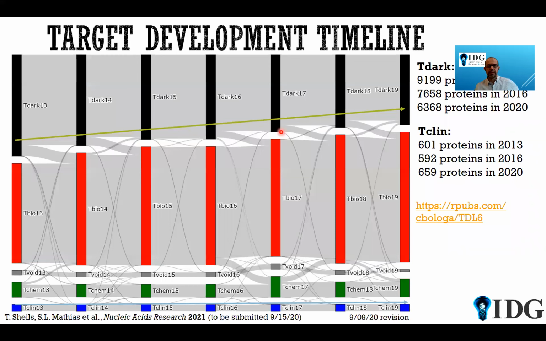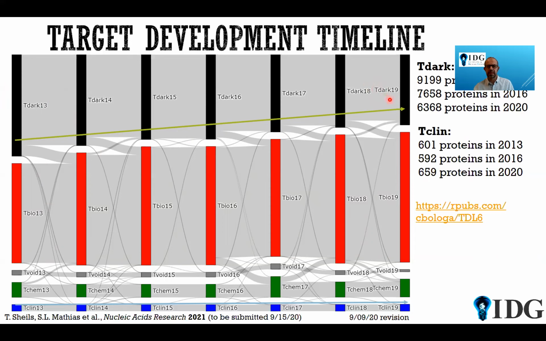So with that in mind, this is just a temporal evaluation of how target development levels have evolved over time. And we started counting in 2013 in December. And since that time, when we roughly had more than 9,000 proteins in Tdark, we are now approaching about 6,000.